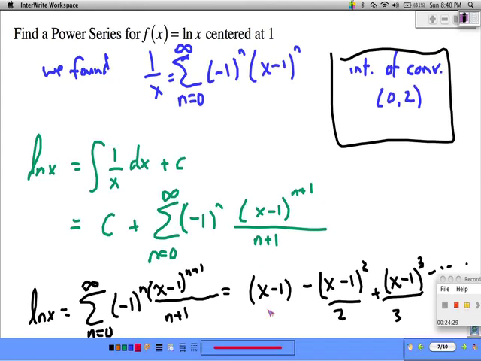And that's the same thing that we end up with if we find the Taylor polynomial for this. Now we know that this Taylor polynomial, this power series, is convergent for x values between 0 and 2, 2 being inclusive.